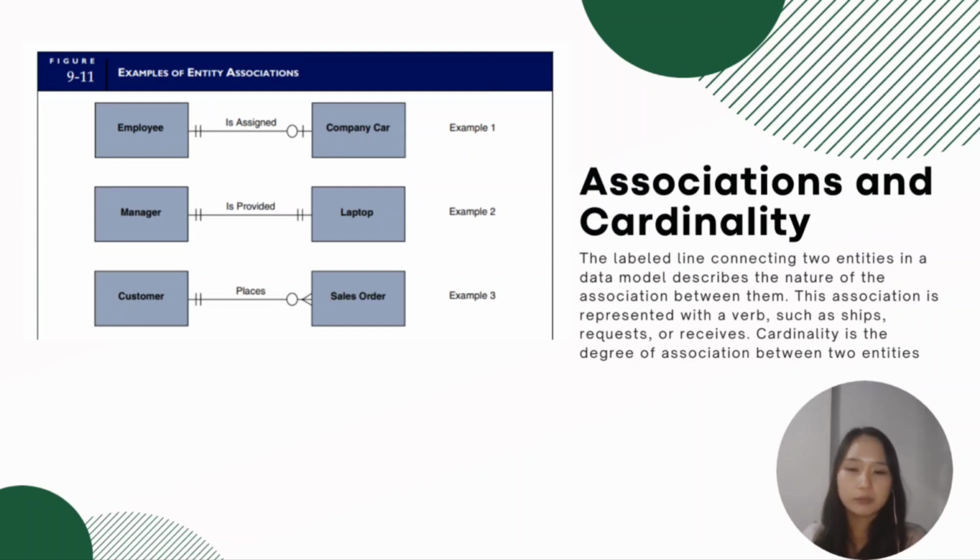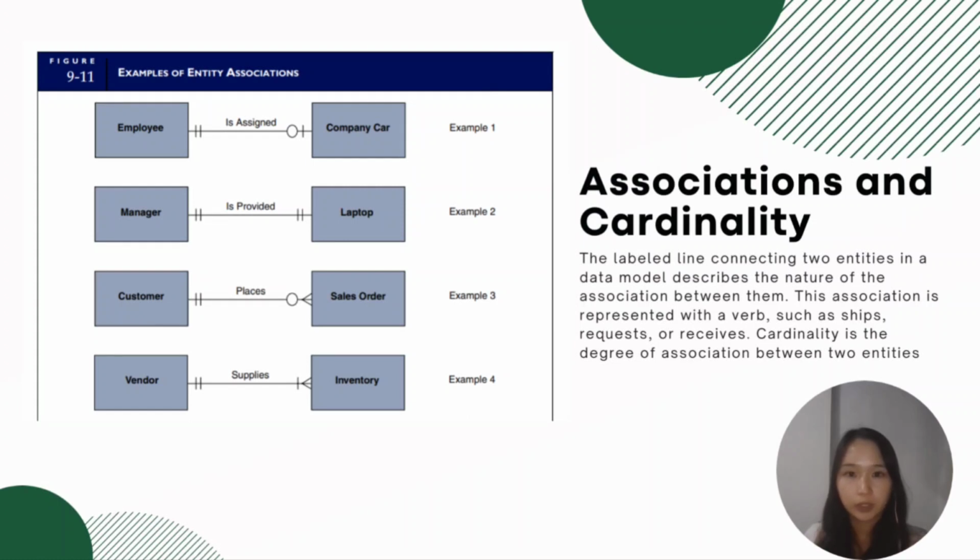From the perspective of the sales order entity, however, many records are associated with one and only one customer. The crow's foot symbol, which gives this form of notation its name, is the fixed many cardinality at the sales order end of the association line.